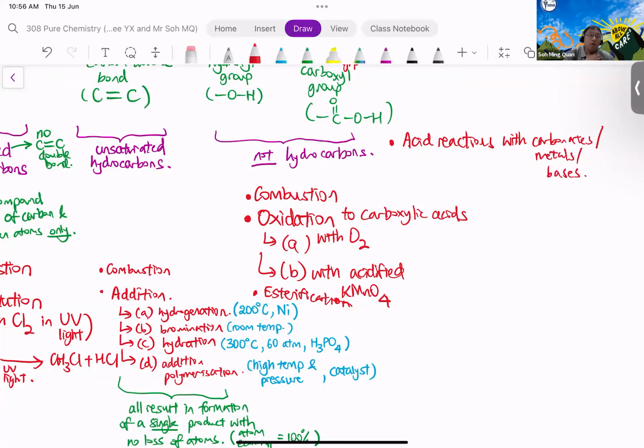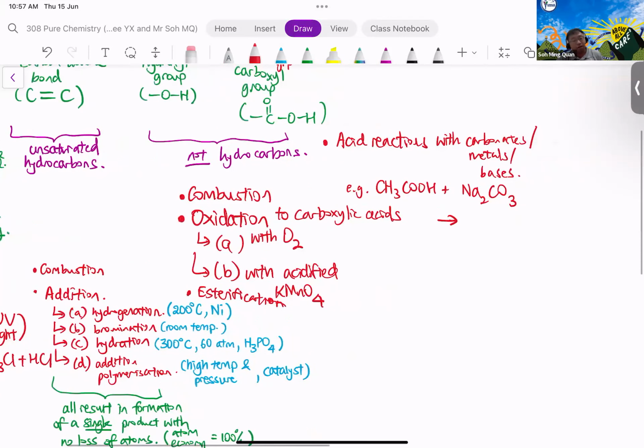So this is where we wrote the equation for the reaction of a carboxylic acid with a carbonate, metal, or base. Okay, so I'll give you an example. Let's say you have ethanoic acid, CH3COOH, plus sodium carbonate.